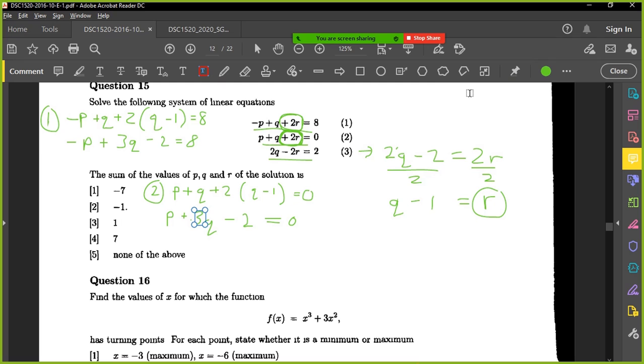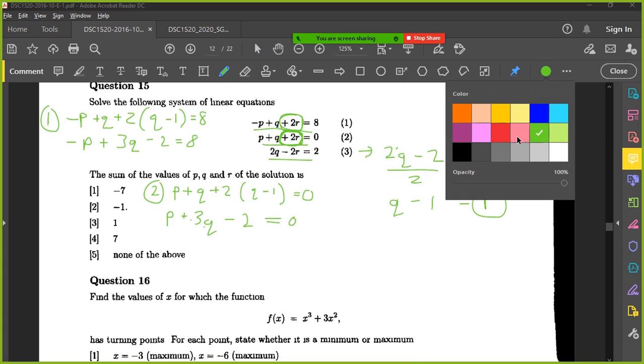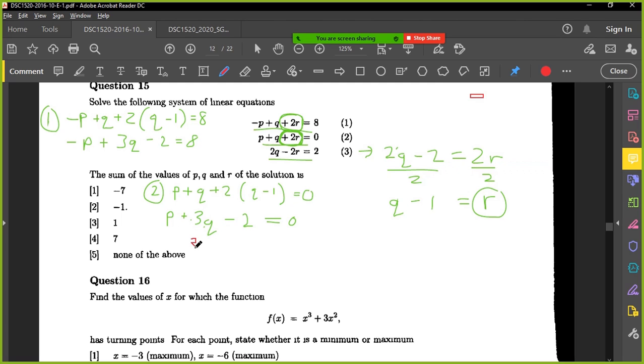Then the bottom one, I'll try to get the Q on the left-hand side. You're going to leave the 3Q on this side. 3Q equals 2 minus P. Good. And then divide both sides by 3. Q equals 2 minus P over 3.